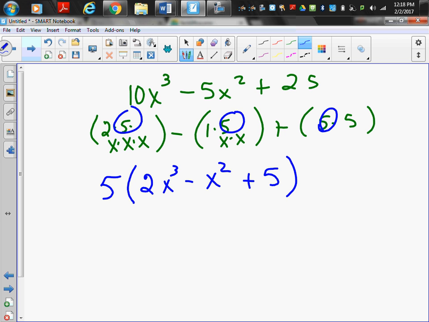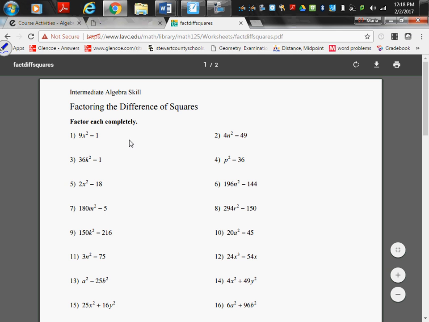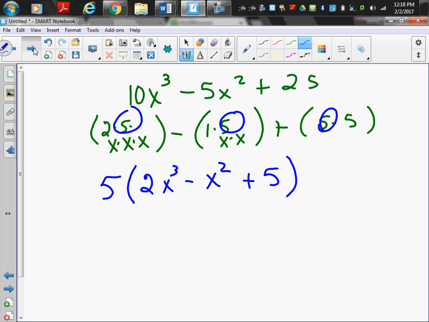All right. So today, we're moving on to what's called the difference of perfect squares. The difference of perfect squares will look like this.